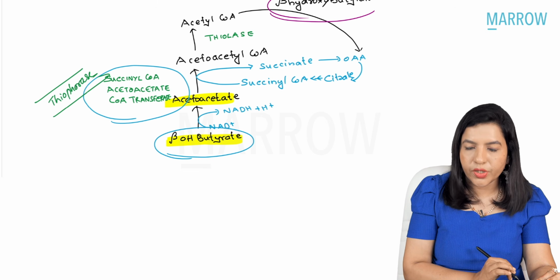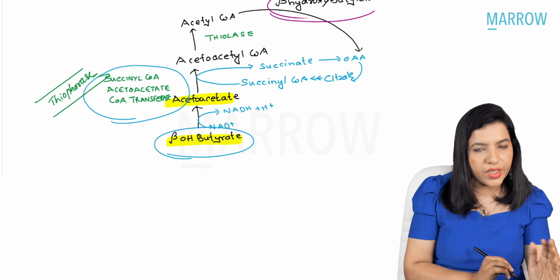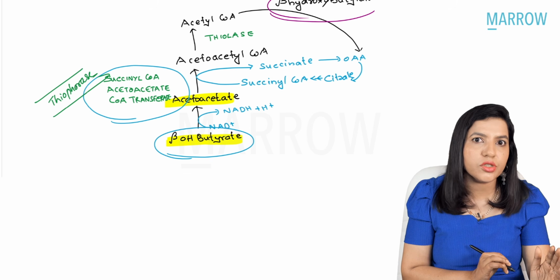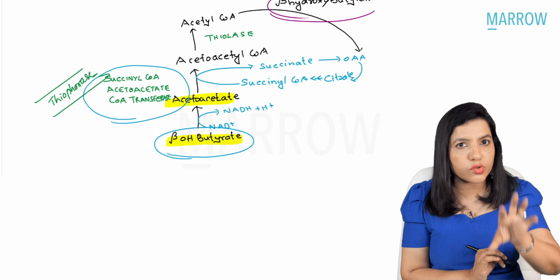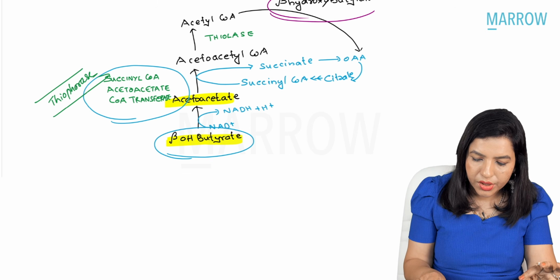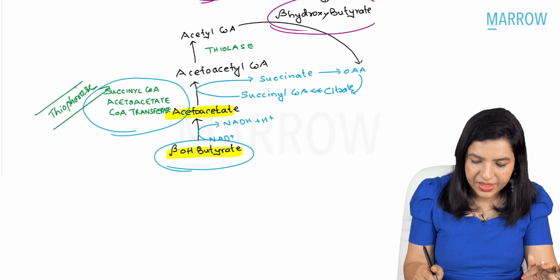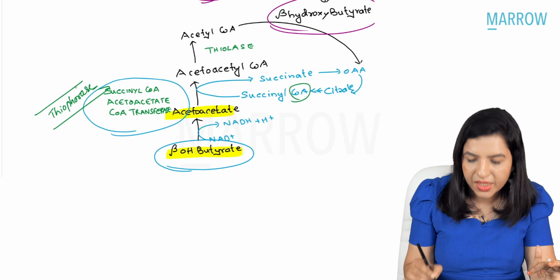This enzyme is thiophorase, and this enzyme is lacking in the liver. So the liver cannot utilize ketone bodies like acetoacetate or beta hydroxybutyrate, because both have to come to the stage called acetoacetate.